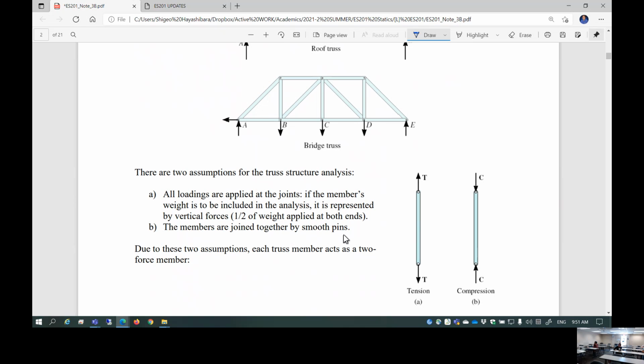In other words, they're free to rotate around them. So there's no moment reaction at any joint location. If we introduce those two simplifying assumptions, automatically every member of the truss becomes a two-force member. Important: two-force members.